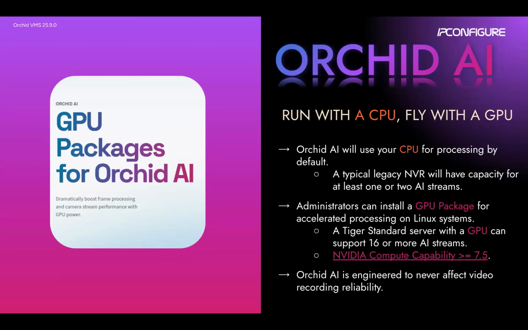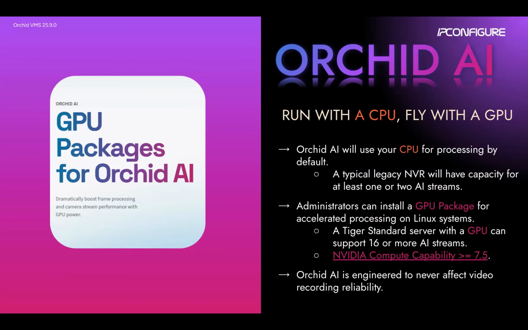However, if you have a GPU installed in your server, and it needs to be an NVIDIA GPU installed in a Linux server with what NVIDIA calls a compute capability greater than or equal to 7.5, we've got all this info on our website, then you can install a GPU support package with Orchid. It's got the same sort of versioning nomenclature as your Orchid system, and once you get automatic updates set up on your Orchid system, this GPU package will automatically update as well.